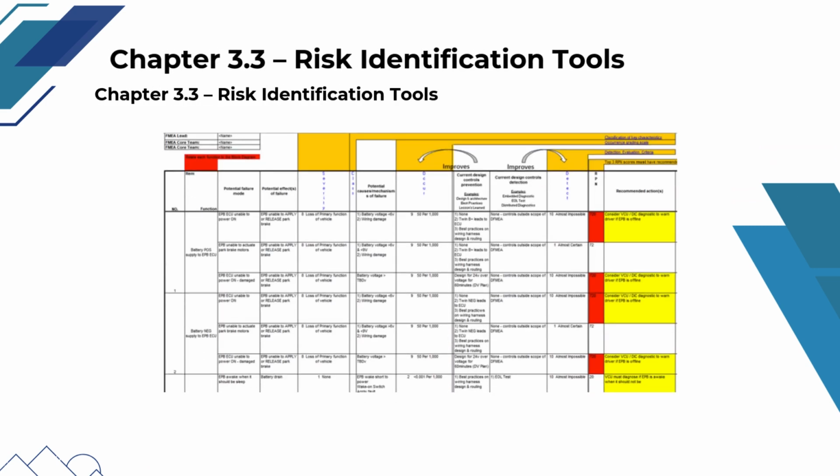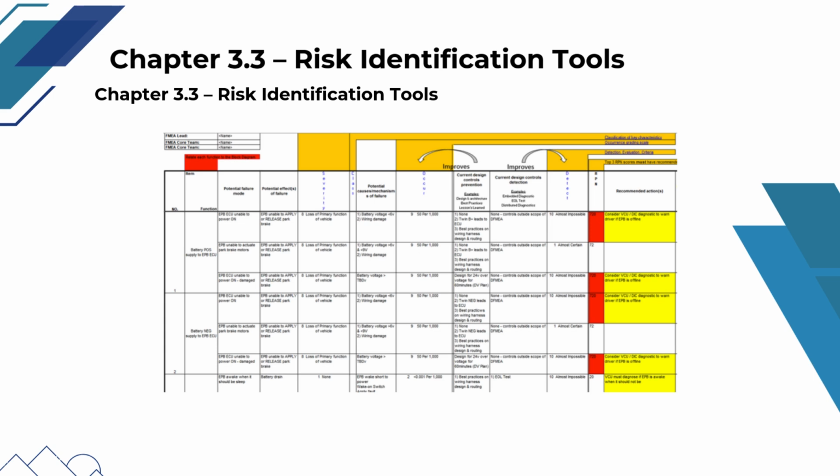This slide demonstrates the practical use of Design FMEA as a core risk identification tool in DMADV, where potential failure modes are identified early and systematically evaluated. The table shows how each function is analyzed for possible failures, their effects on the customer, underlying causes, and existing controls, allowing teams to assess risk before the design is finalized.